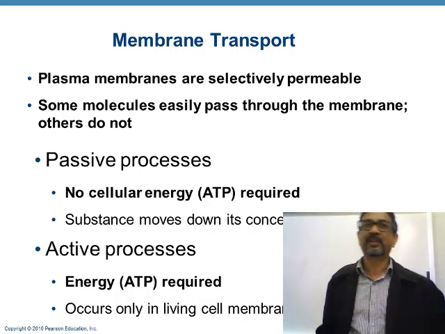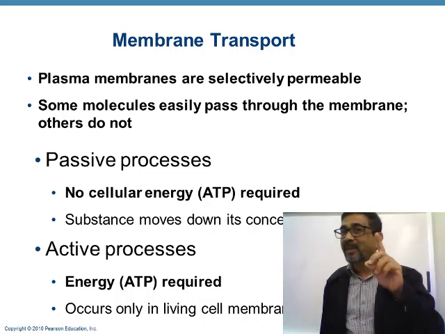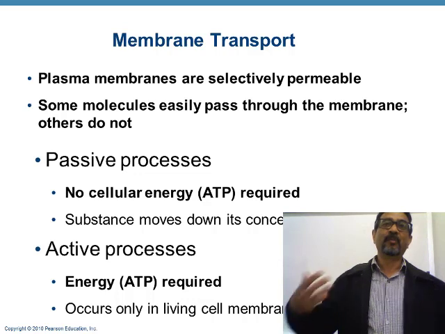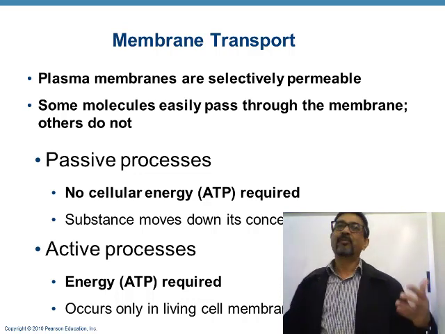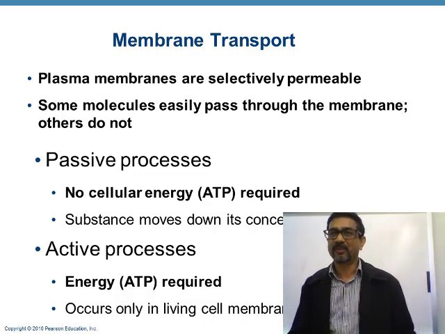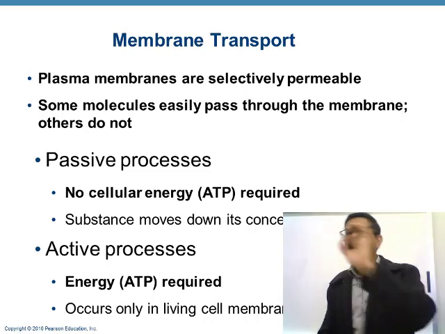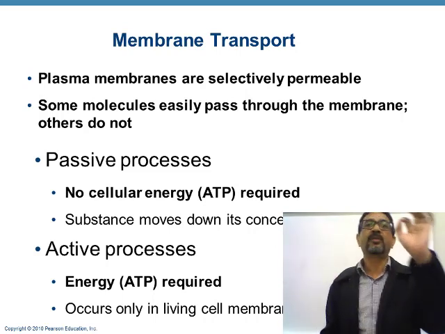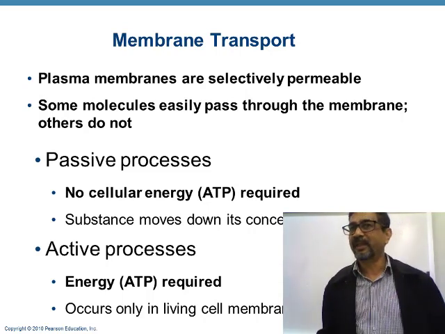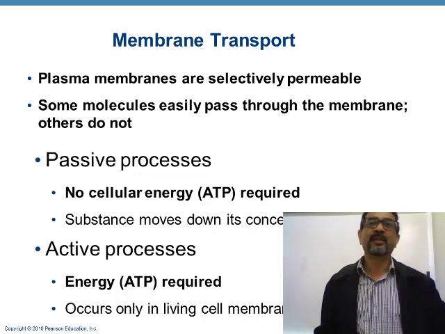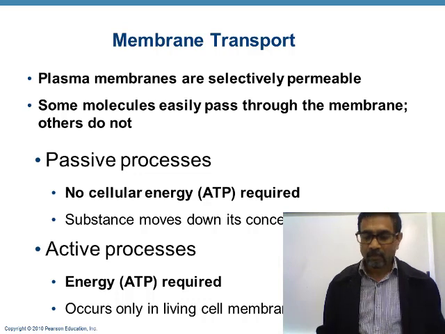Through a non-living membrane, no active transport will occur, because ATP is only produced by metabolism in a living cell. So, two things: active transport requires ATP, and it only occurs through the living cell membrane. But passive doesn't need ATP and can occur through any type of membrane, living or non-living.